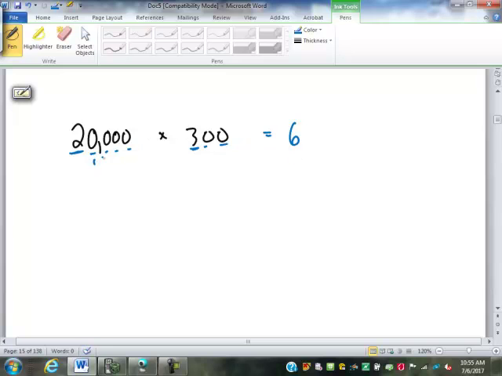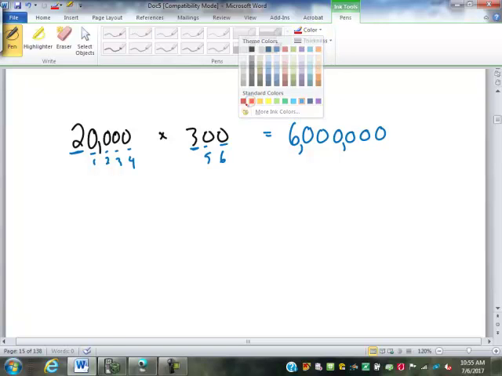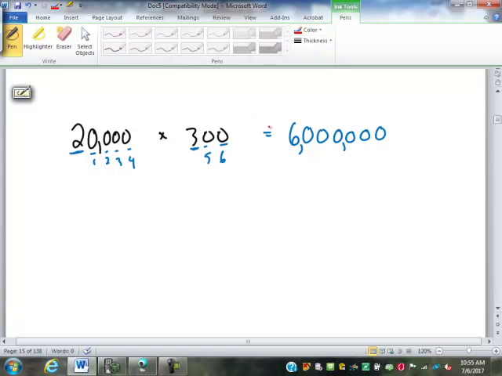Well, we counted 1, 2, 3, 4, 5, 6 zeros in the problem, and 1, 2, 3, 4, 5, 6 zeros in my answer. That was 6 million, right? So when we multiplied with those extra zeros, we combined the zeros.